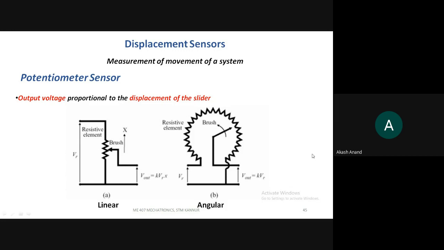You can see that the output is taken across one end of this resistive material, and the other end is connected to the wiper, so that when current is drawn from or passed through the circuit, it goes through the lower resistance path.